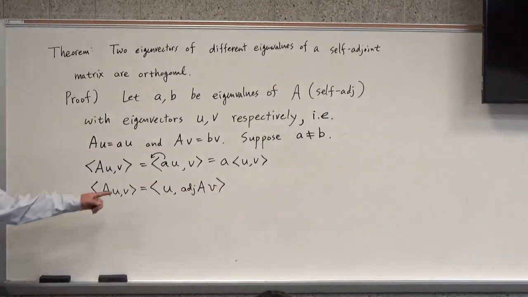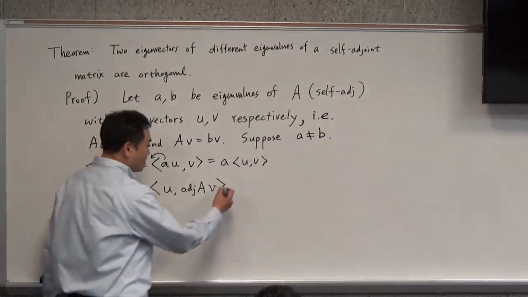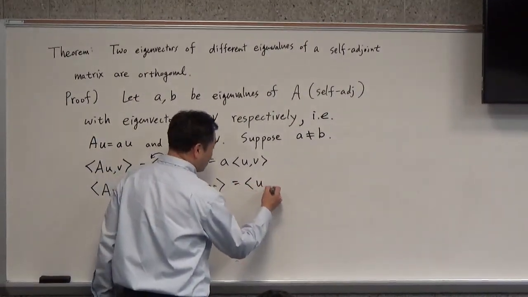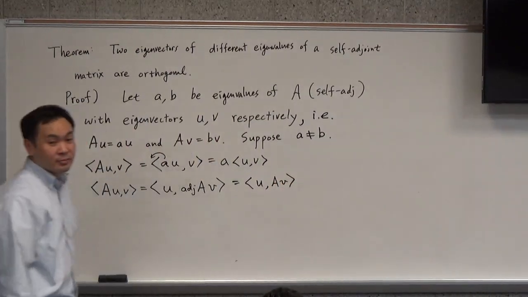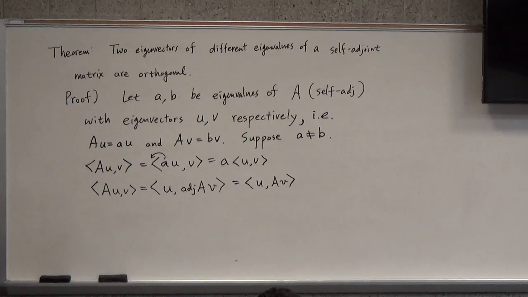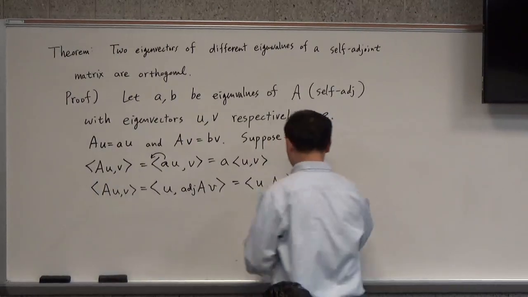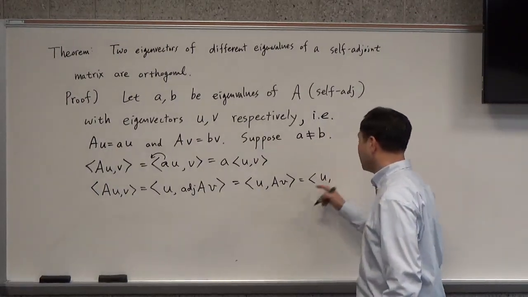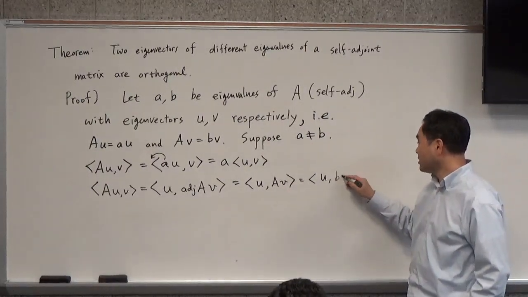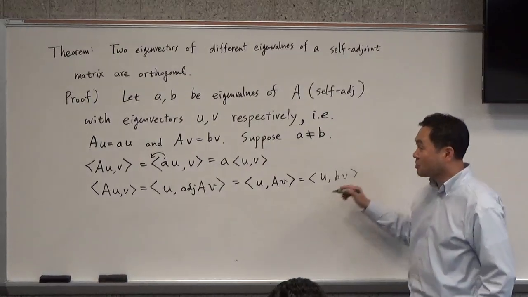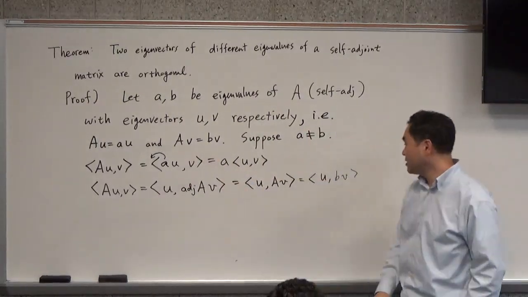But because A is self-adjoint, it's the same as u, A, v. And then what do we know? A v is b v, small b, v. That's what we have over here.